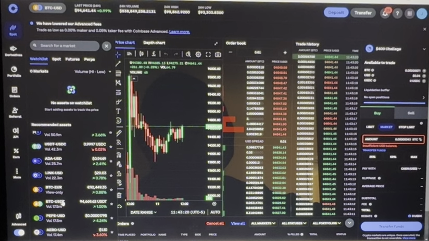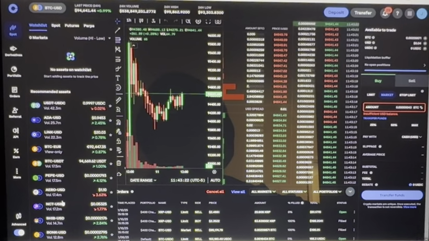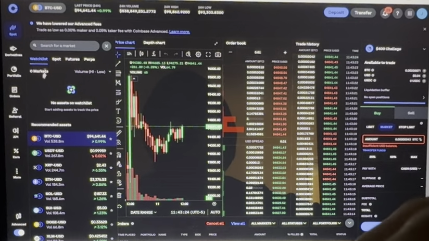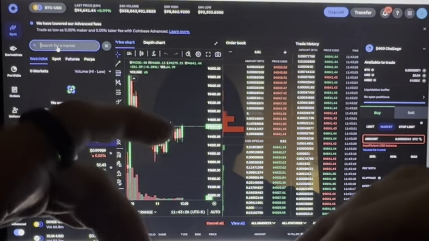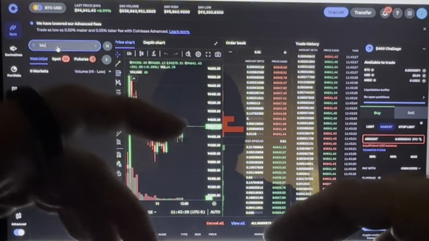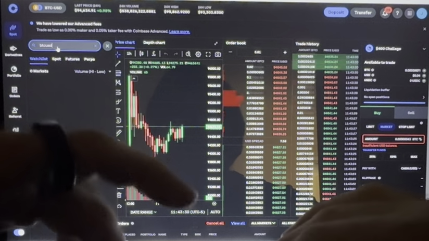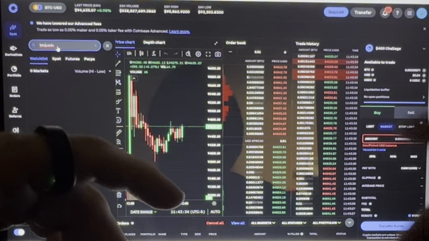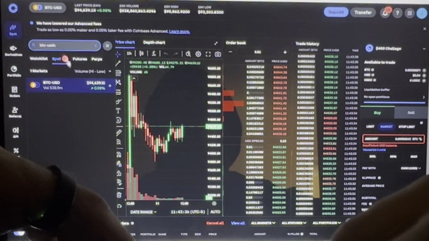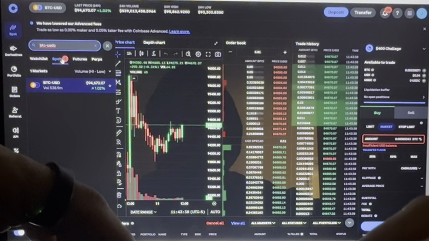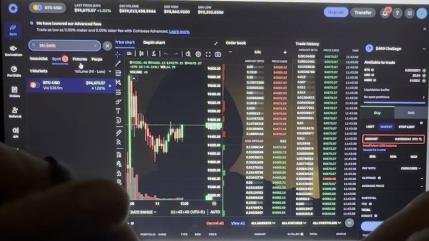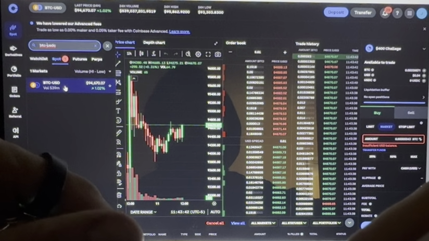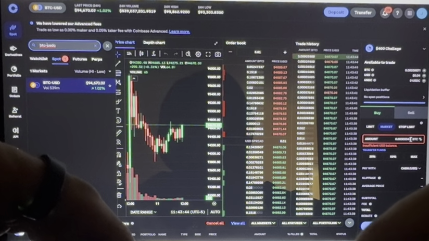So BTC, USDT. Is it not an option? BTC, USDC. I gotta put a dash in there. Dash. That's just USD. I wonder why USDC is not an option. Well, we'll just do USD.